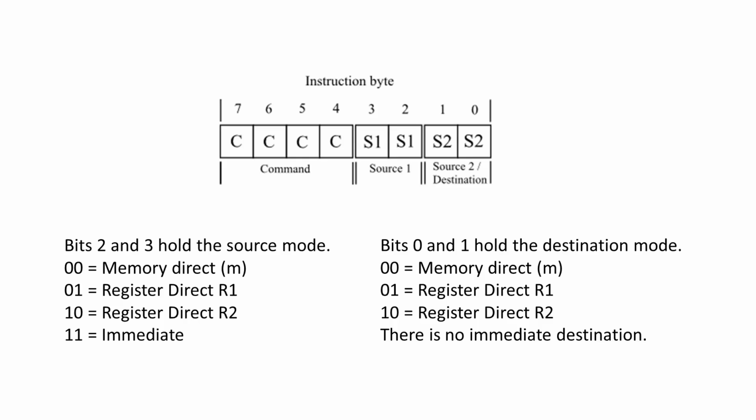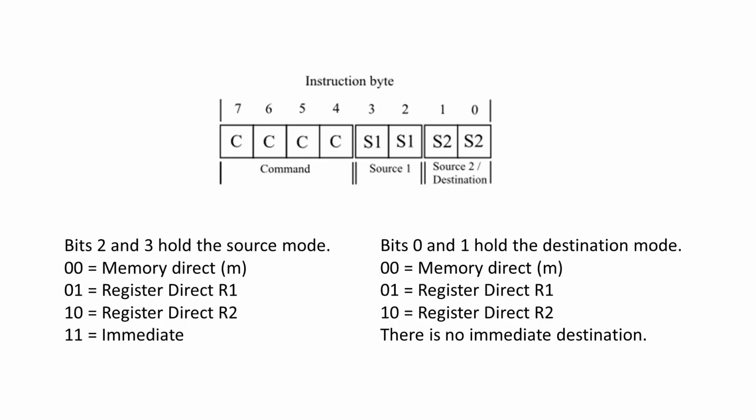Now, if you're doing a move, you need to know where to go. So bits 0 and 1 are the destination. You've got memory direct, which could mean the following byte holds the address, but if the following byte had already been used in source 1, it will be the byte afterwards.